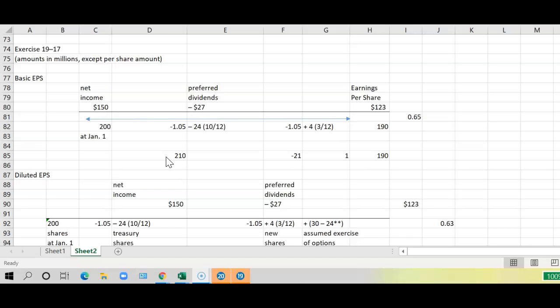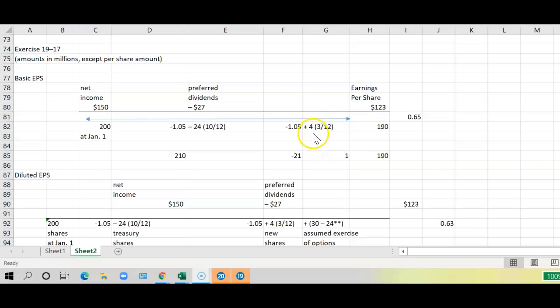On March 1st, they purchased their own common stock, which is treasury stock, and that would be a subtraction of stock outstanding. So it would be 24 million times the number of months left in the year, which would be 10 divided by 12, times the 1.05. So that would be a subtraction of 21 million.